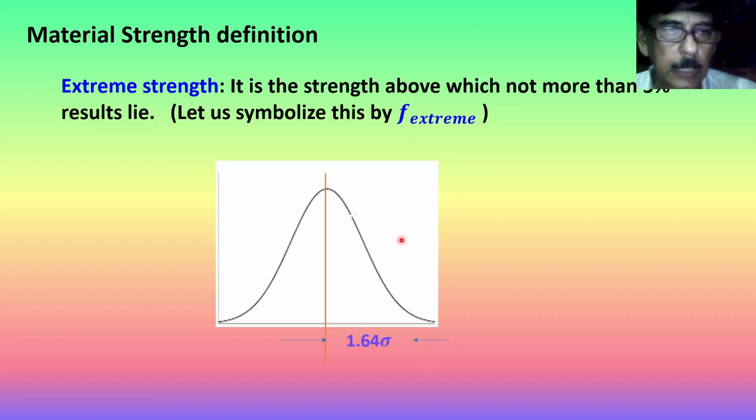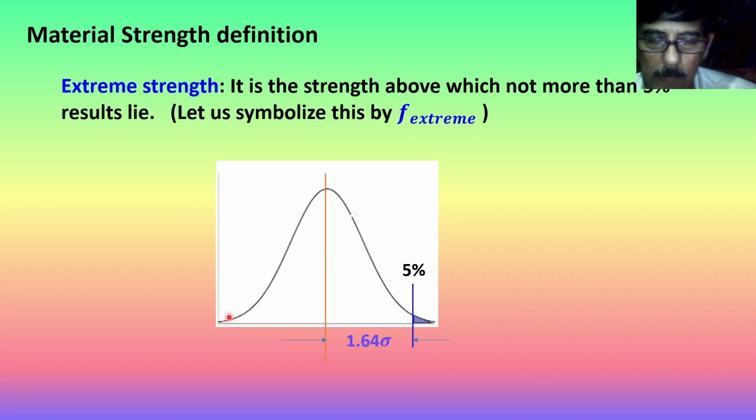Now let us see another definition, which is the extreme strength. It is the strength above which not more than 5% of the results will lie. This is symbolized by F extreme. Again we take the mean line, the red vertical line here, and we go at a distance of 1.64 sigma towards the right.